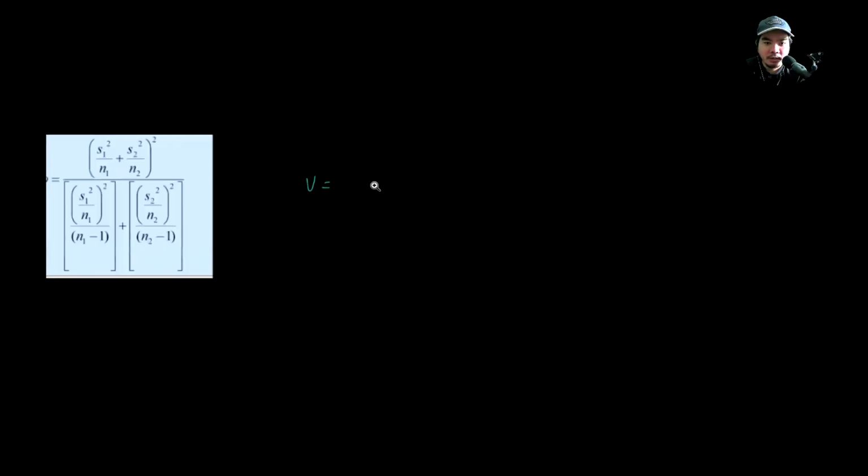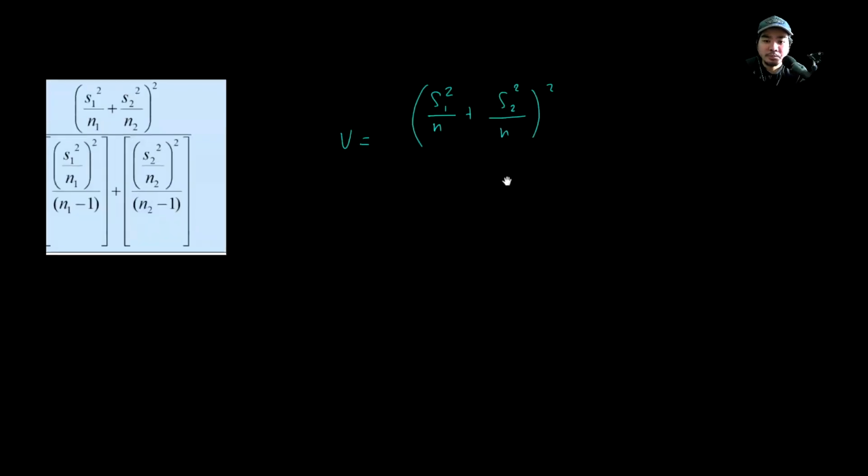Okay? So mukhang madali lang naman i-simplify to if we have V is equal to S1 squared over N, and gagawin natin since equal sila, gawin na natin N siya, no? Plus S2 squared, again variance yung pag sinquare natin yung standard deviation, no?